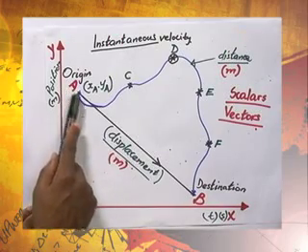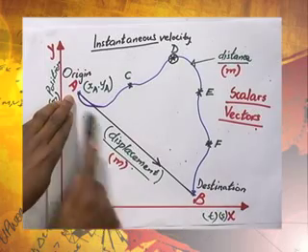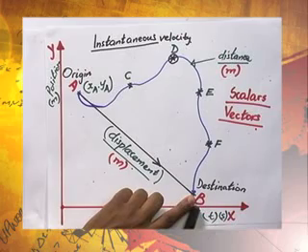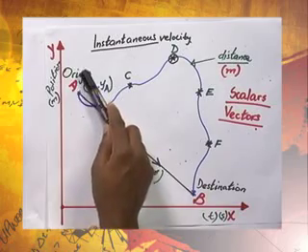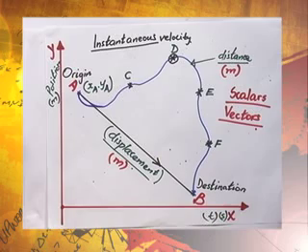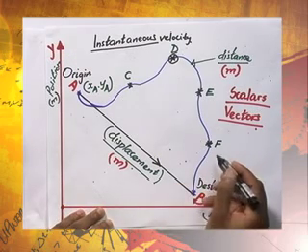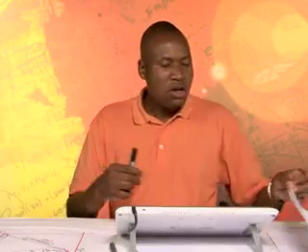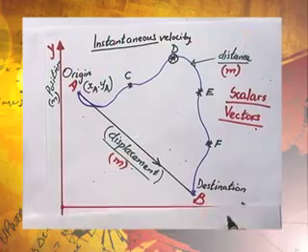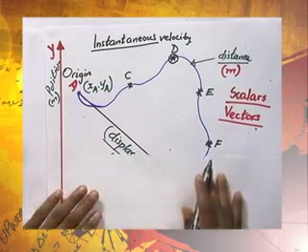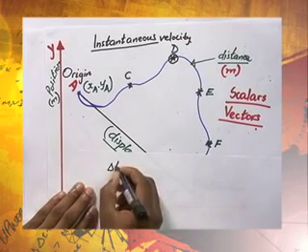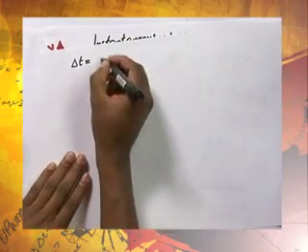Average velocity is very easy to find, because you can just look at how much change in position happened, which is your displacement, and divide by the time taken for the object to change position from A to B. So that becomes average velocity. For example, say it took 5 seconds for the object to change position from A to B. So delta t is 5 seconds.